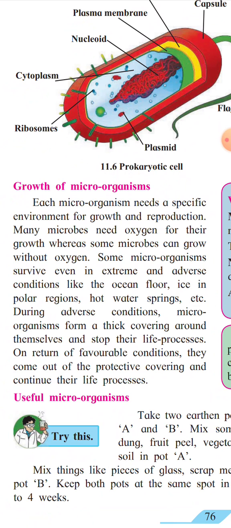During adverse conditions, microorganisms form a thick covering around themselves and stop their life processes. But when they return to favorable conditions, what will happen? They remove their protective covering and continue their life processes.